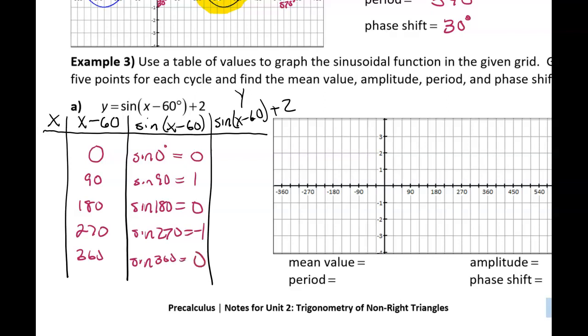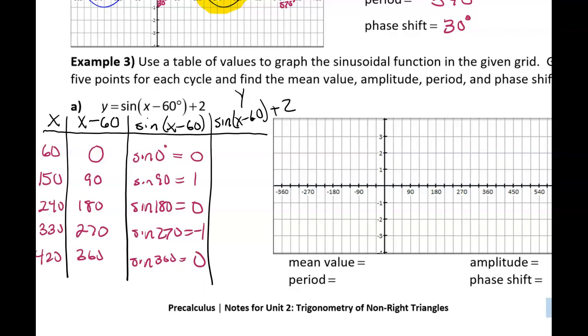All right, now we're going to work our way toward the extreme columns. So for instance, if x minus 60 is 0, then x must be 60. Does that make sense? If x is 60, then when we plug it in for x minus 60, we're going to get 0. So we're going to find that leftmost column by adding 60 degrees. That'll give us 150, 240, 330, and 420 degrees.